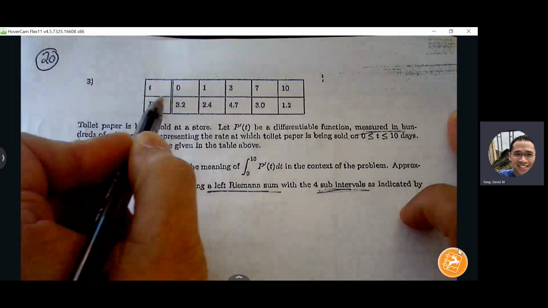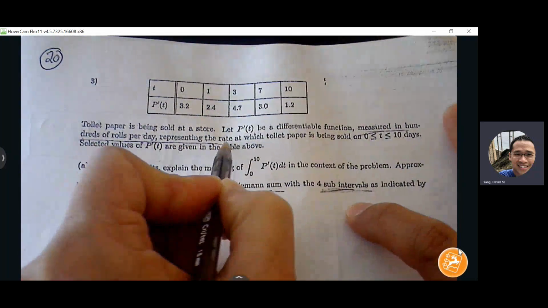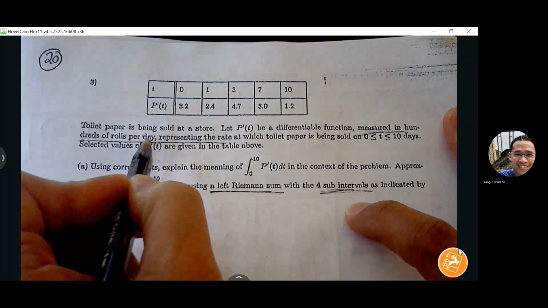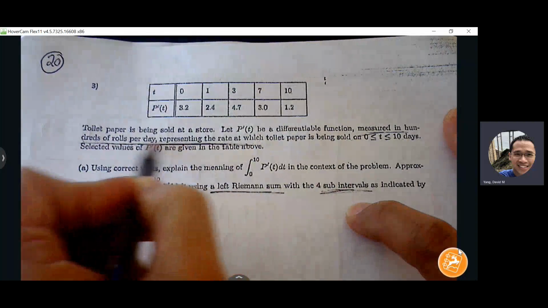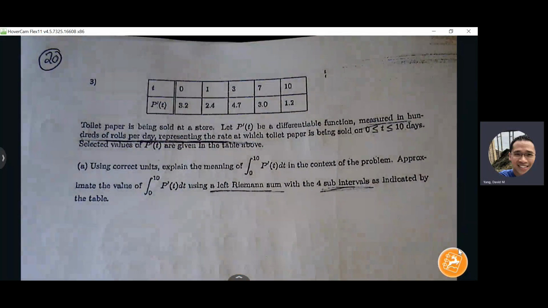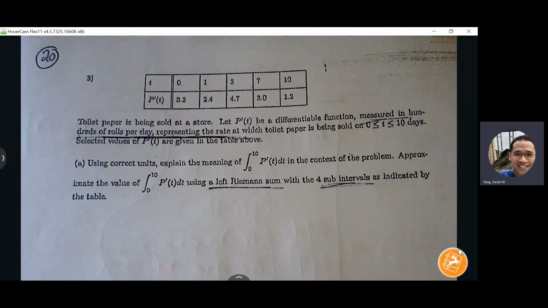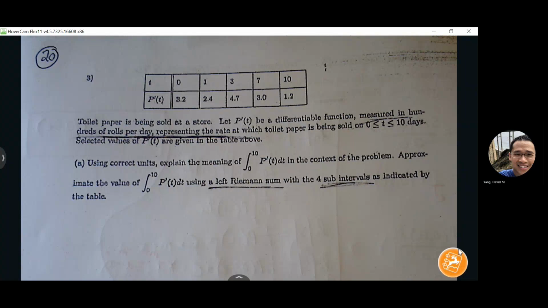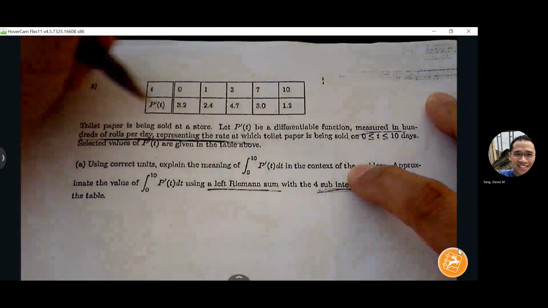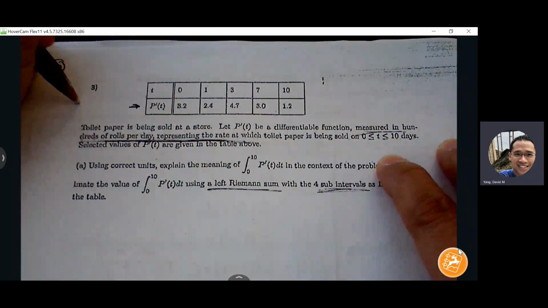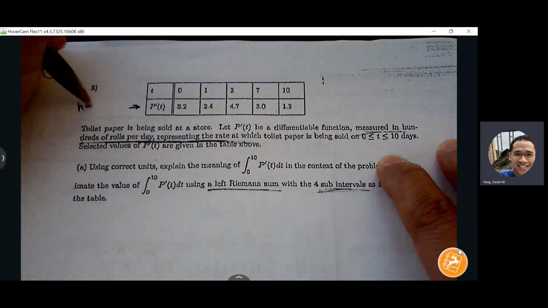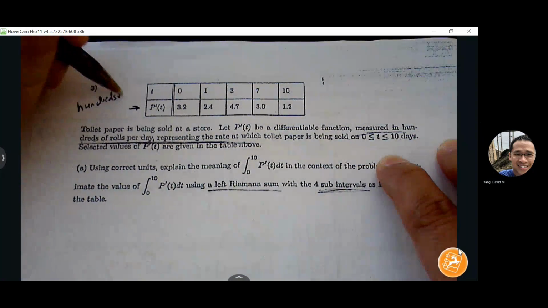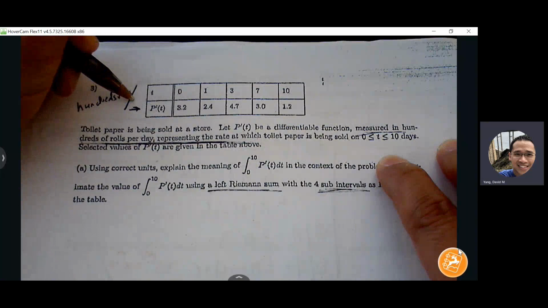So if our P prime is measured as hundreds of rolls per day, what do you think the antiderivative is going to do to that? What if we accumulated all those rates? What's that going to get us? So if this is hundreds of rolls per, what's the time unit?